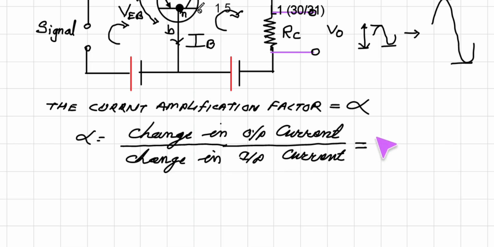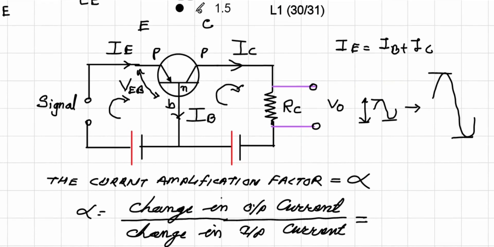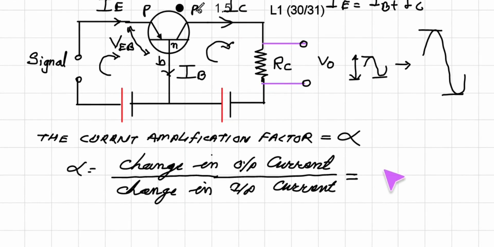But look at the figure, the output current is basically IC and the input current is IE. So we can say that delta IC to the delta change in emitter current IE is basically the common base current amplification factor.